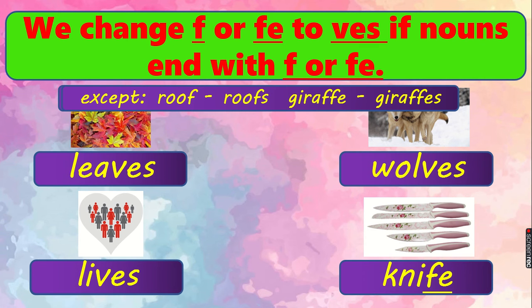The next rule is that we change F or FE to VES if nouns end with F or FE. Like, for example, in the word leaf. Leaf, plural is leaves. Change F to VES. Wolf, the plural is wolves.